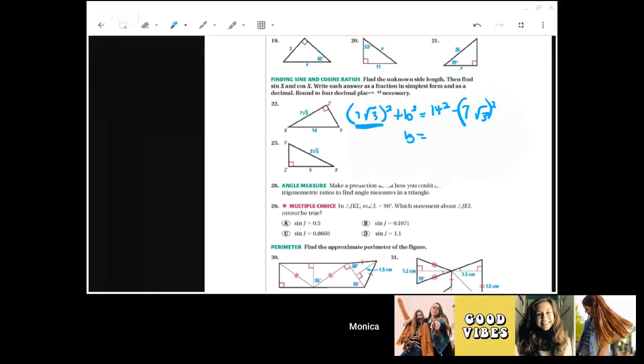Okay, so in your calculator, try doing it a little differently than trying to type it all in at once. Do the square root of 3 equals. And then multiply that by 7. And then take that answer and square it.